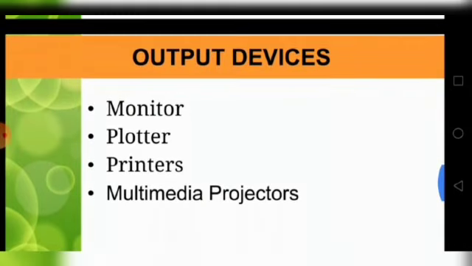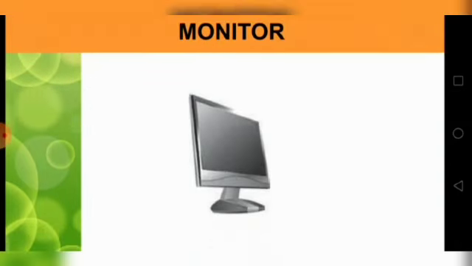So let me move to output devices. What are the output devices? Monitor, plotter, printer, multimedia projectors. Have you all seen the monitor, children? In olden days we used the CRT, that is cathode ray tube. Nowadays we are using LCD monitors, that is liquid crystal display.